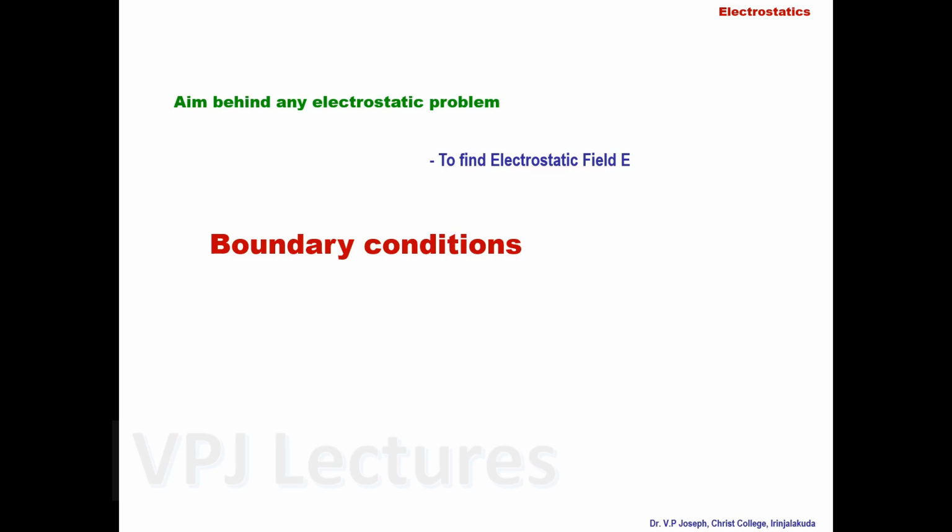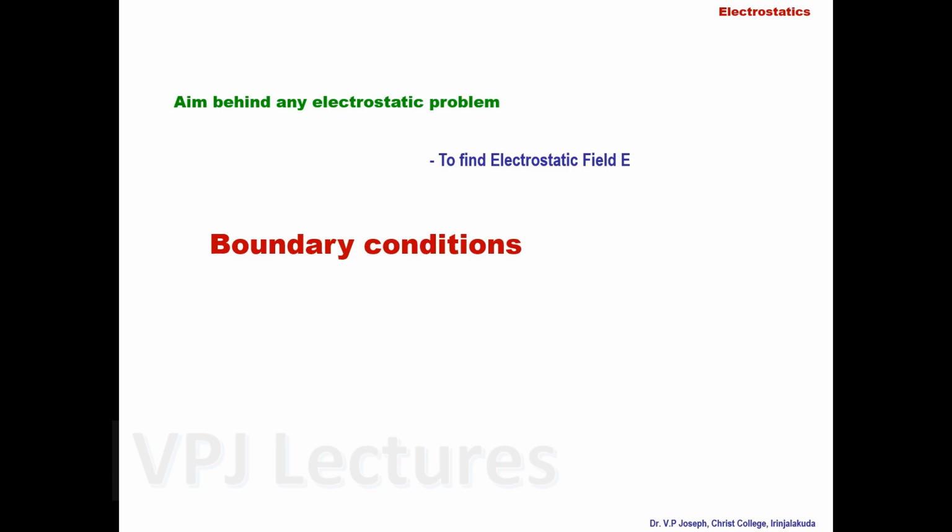But instead of this simple free situation, suppose some other charges, charge sheets or charge lines are present in that region, or some other bound charges are present on a dielectric medium. If there is some dielectric contrast or the presence of other charges, the electric field is disturbed.